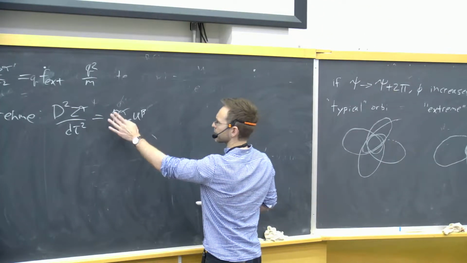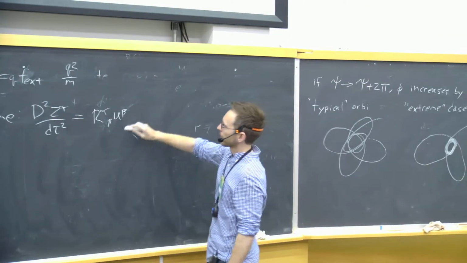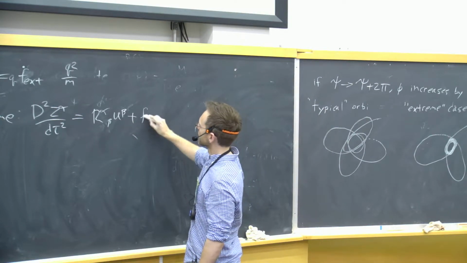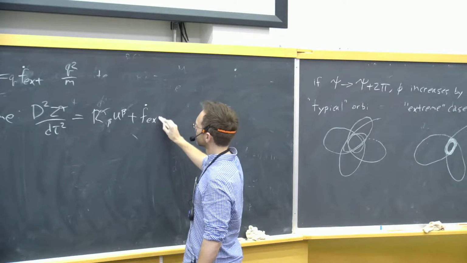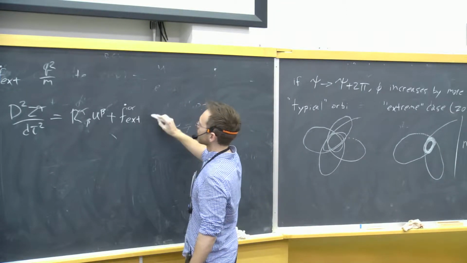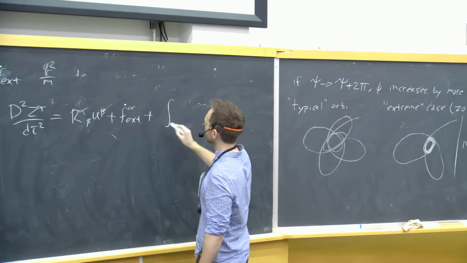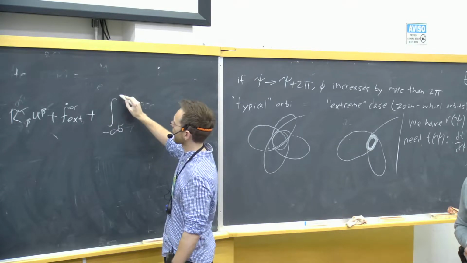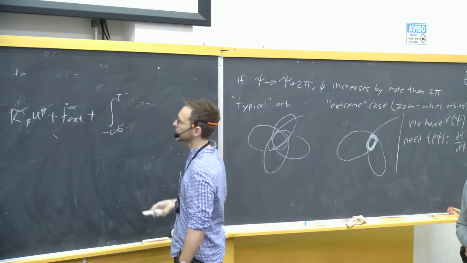Again, I'm not paying attention to factors. I don't remember what the factors are. Plus, again, something that's like external field dotted. But then you also have another term, the tail term, which is an integral over the entire past history up to the current instant.